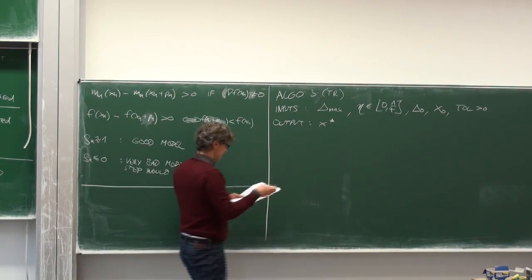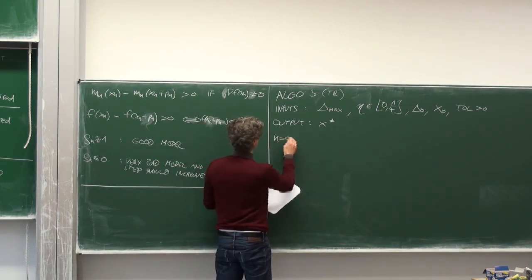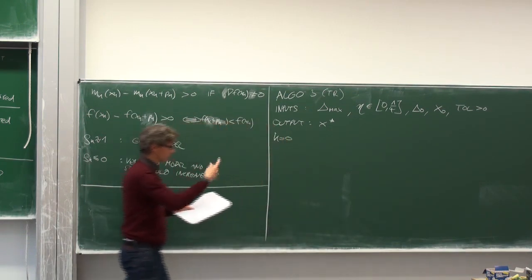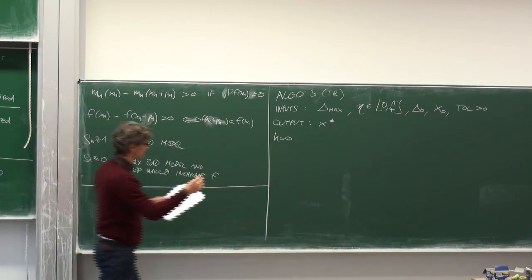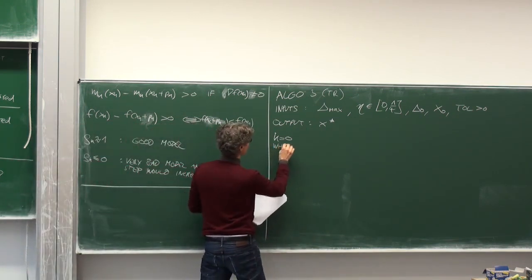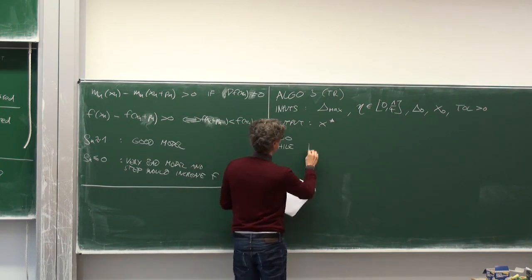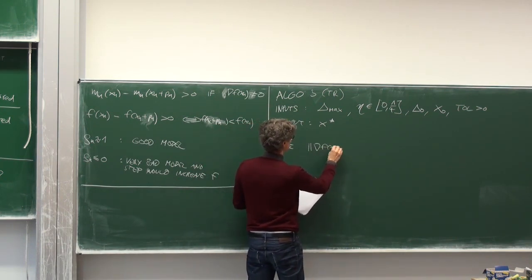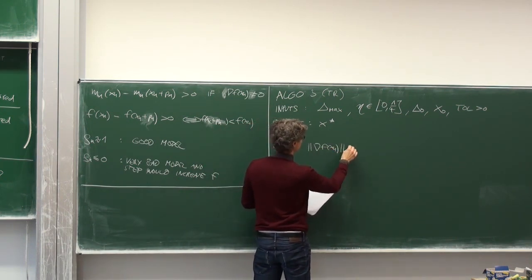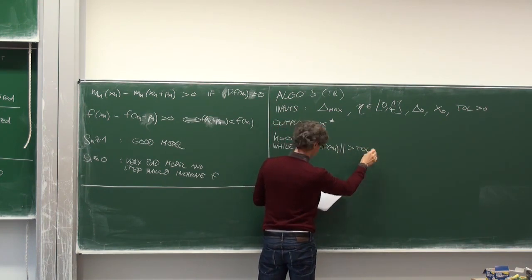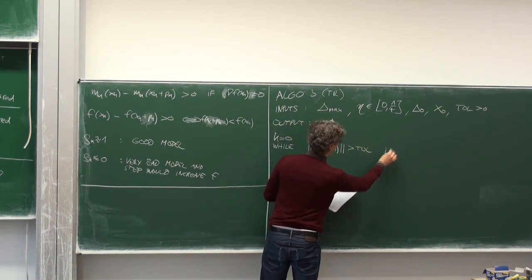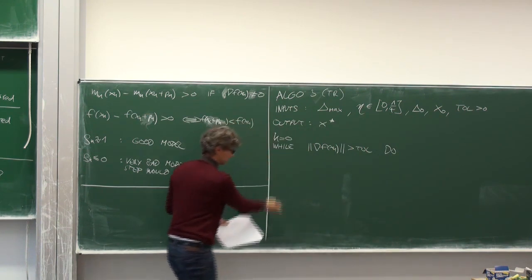And it will actually iterate starting at 0. I will first just write down what we need: while this gradient at some iteration xk is bigger than the tolerance, you will do something, and that's where we start to improve.